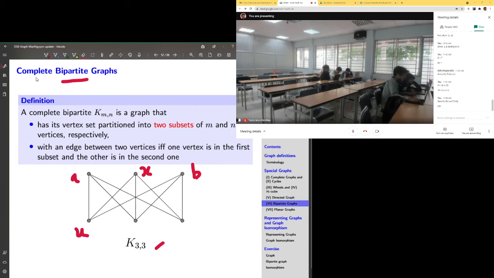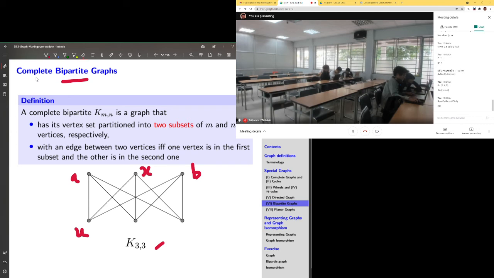Okay, we cut this one, and you have here small m to be number 3. You see, there are 3 vertices here, and the other side you have here also 3 vertices.